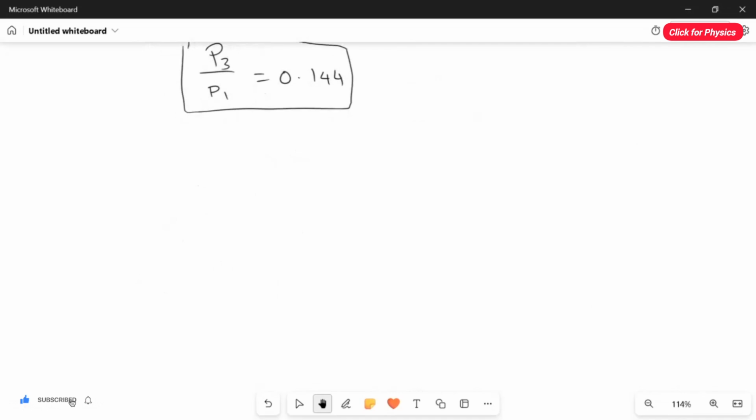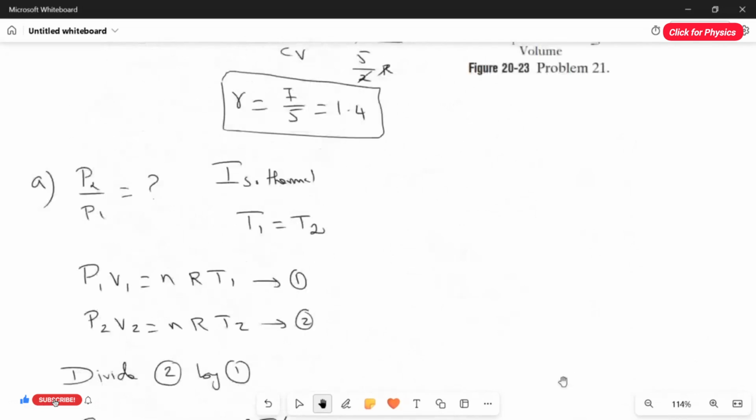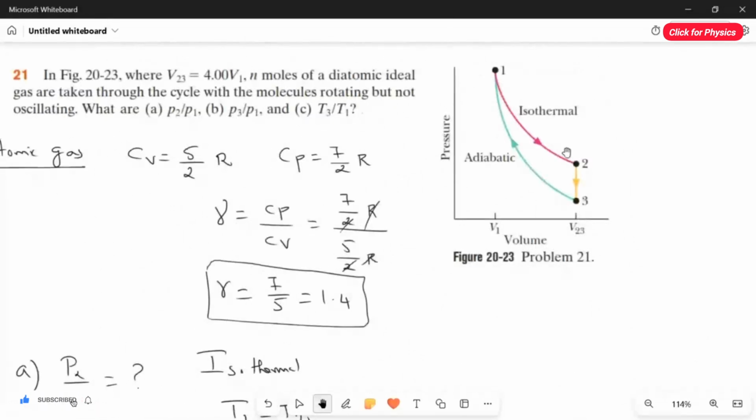Now we have to answer the third part. Here we have to find T3 over T1. Again, points 1 and 3 from the curve, we have to go back to the figure. You can see points 2 and 3 refer to the adiabatic. So we are going to study the relation between temperature and volume.